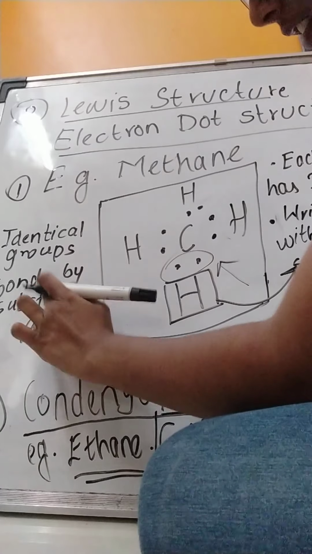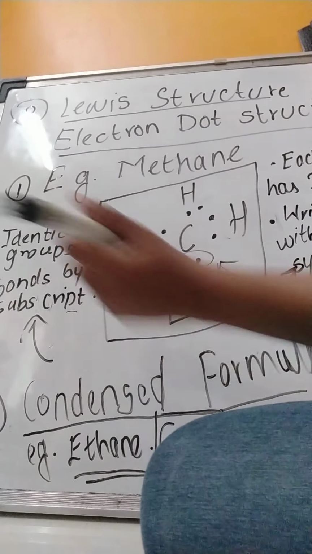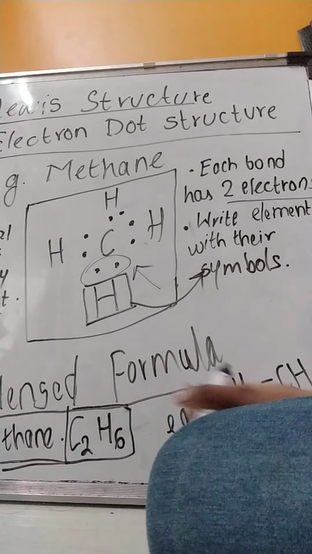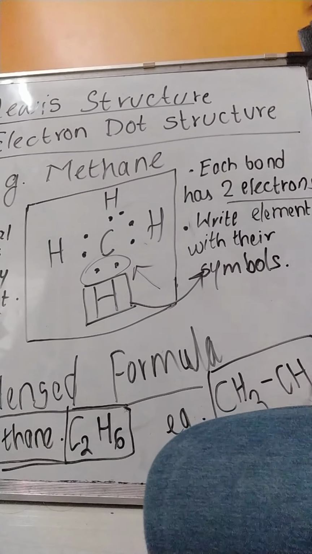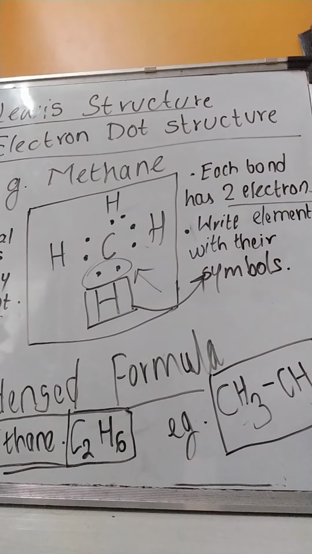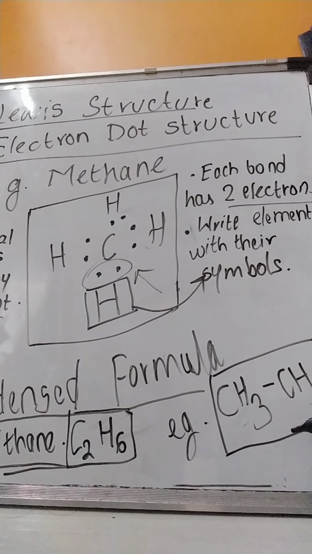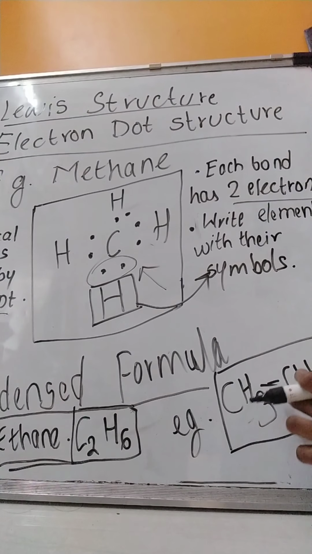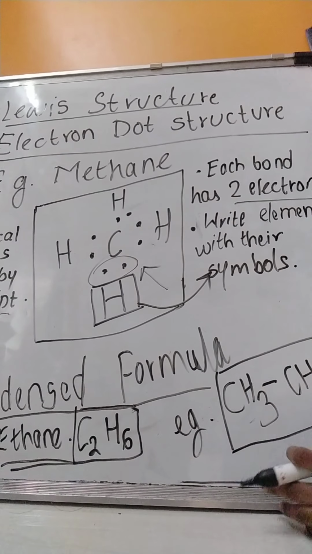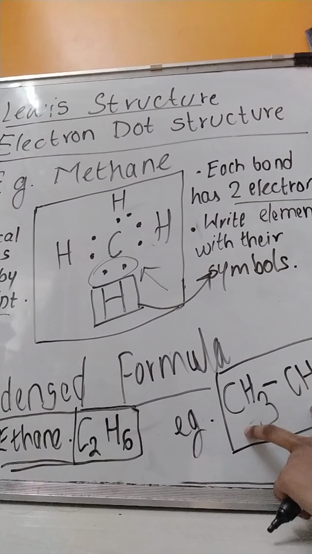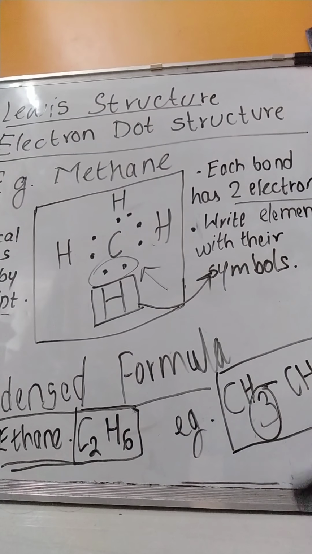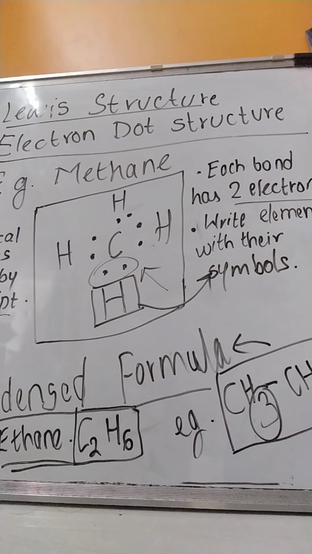What does this mean? This means rather than writing C2H6, we will write CH3-CH3. Here I've again given a dash for representing the bond between them. These two are the identical groups, and the subscript is represented here. So this is how we write the condensed formula. It is also very simple.